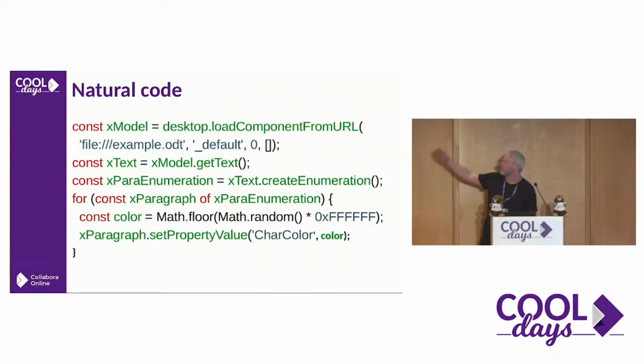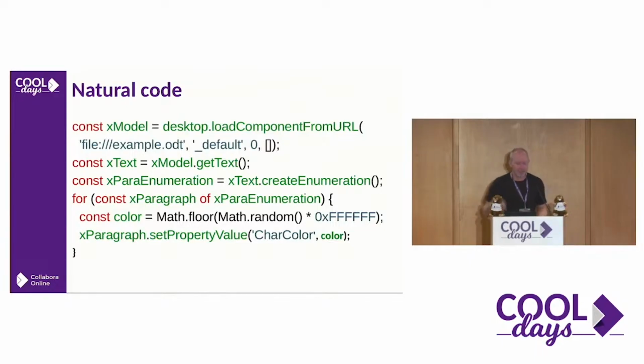For example, at the top, we get hold of some object, of some document. It's a writer document, but we only know that from the file name, or even only from the content of the file.